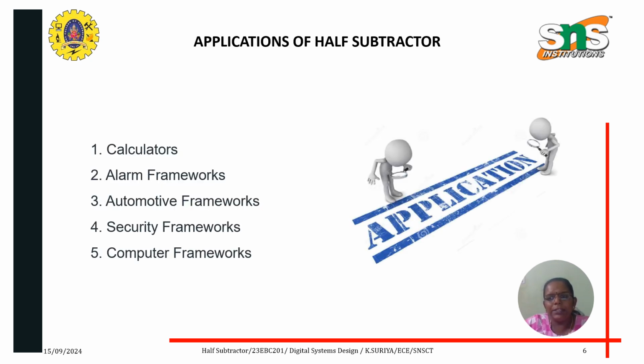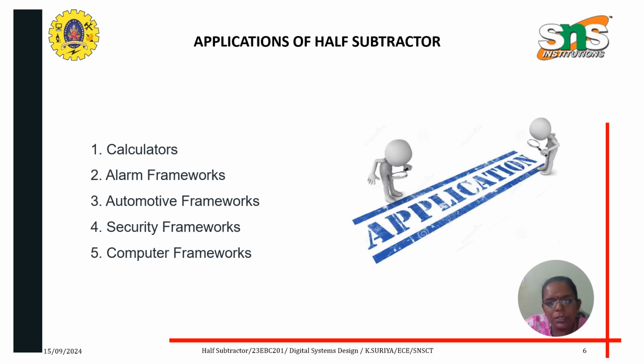Some of the applications of half subtractor: it is used in calculators. Most mini computers utilize advanced logic circuits to perform numerical tasks. A half subtractor can be utilized in a number of circuits to subtract two binary digits from one another.